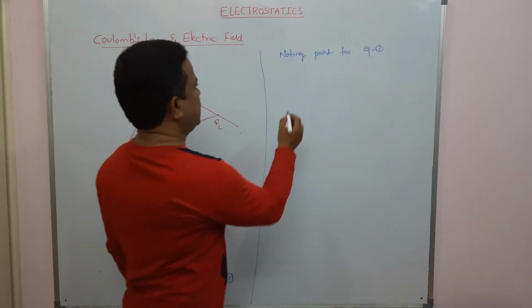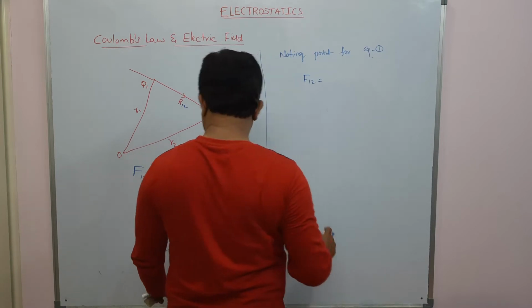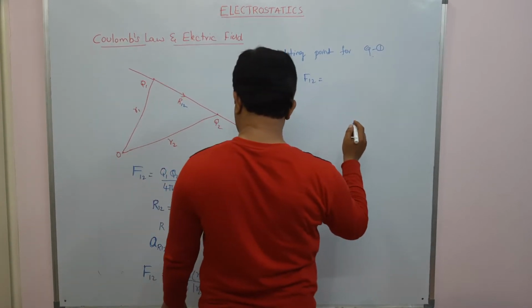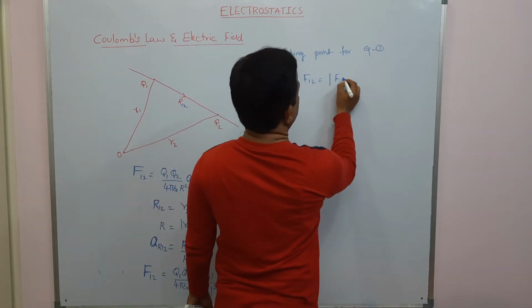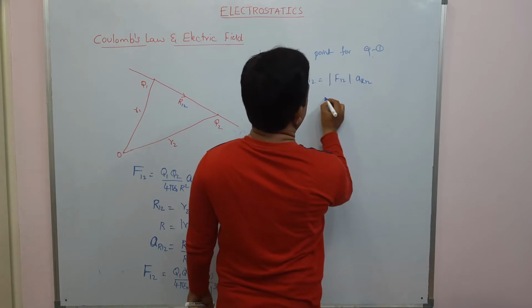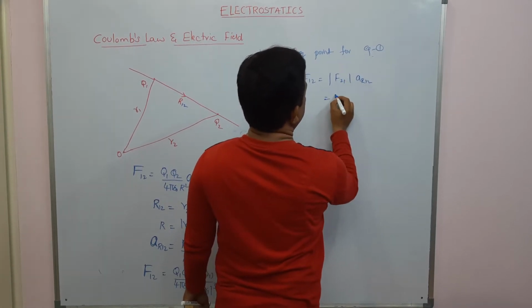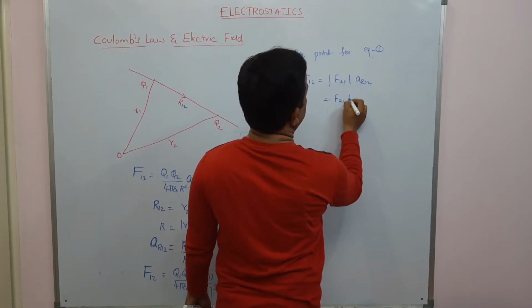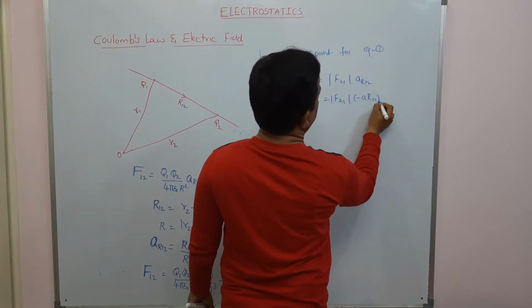If I take F12 as the force, I can write it as modulus of F12 into AR12, or else we can write F21 as modulus of F12 into minus AR21.